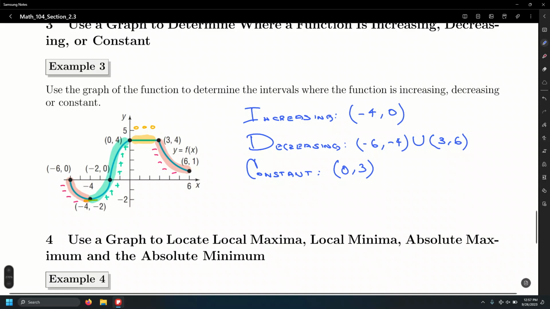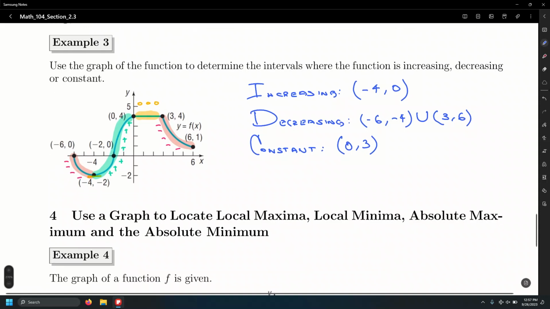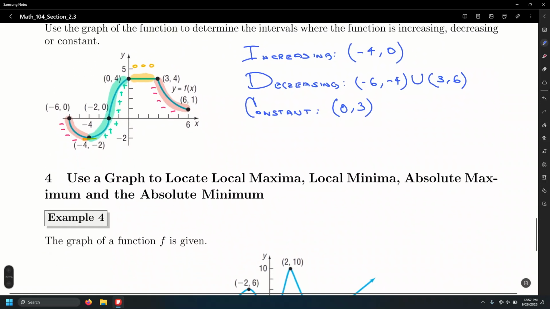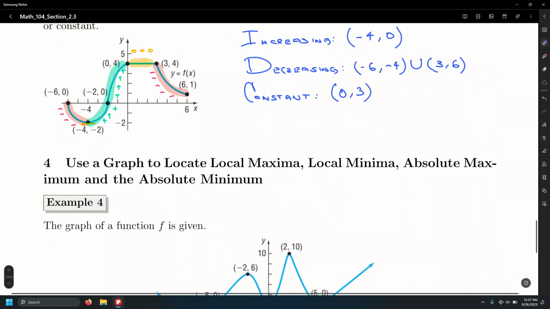And to wrap up this section, we are going to further describe more properties of functions from a graph. The fact that we see this behavior of functions increasing, decreasing, constant or flat, depending on the word you prefer to use, either way is fine.